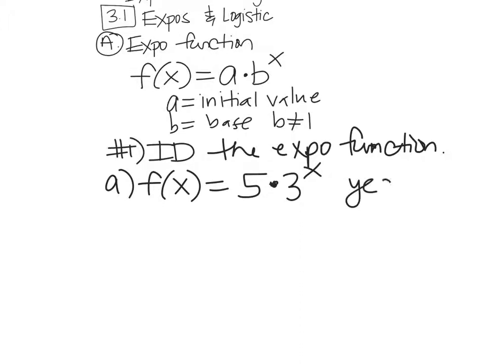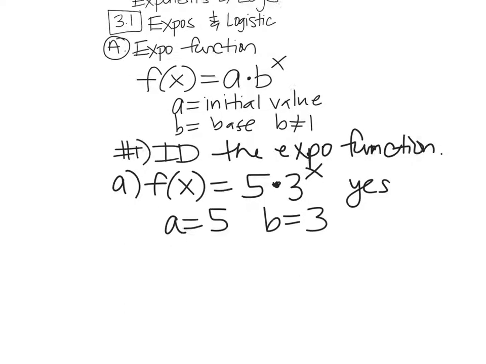Yes, it is. The initial value is 5, and the base is 3. So maybe this is something where you got a terrible disease, and you have 5 terrible cells, and they're tripling every day or something. How awful. We should have come up with something nicer, like there's 5 rabbits and their population is tripling. Okay, that's gross though, because then, you know.